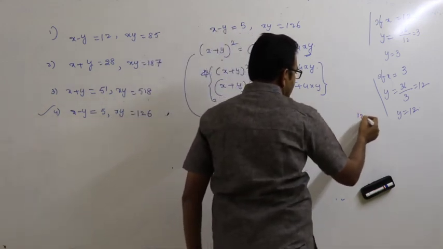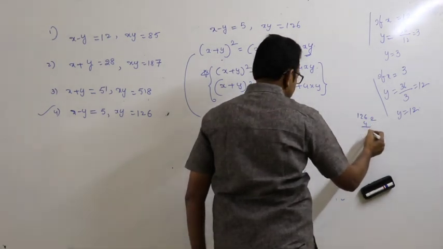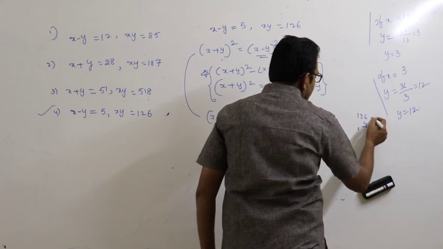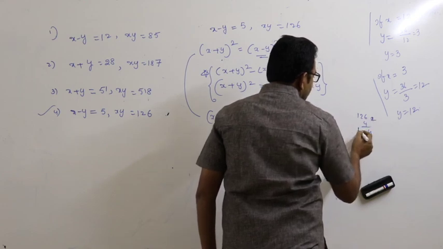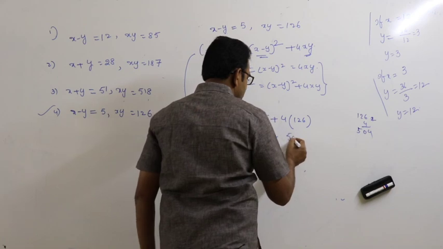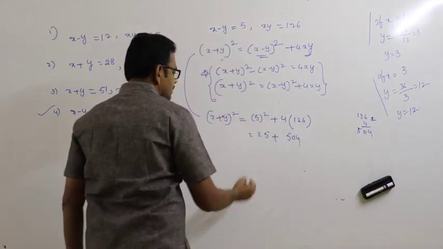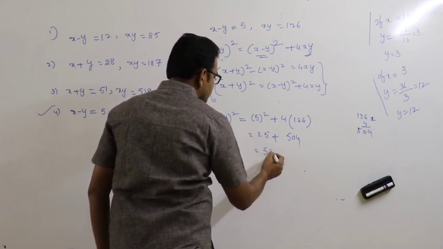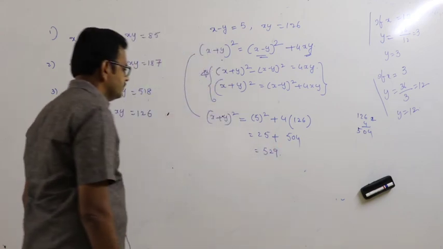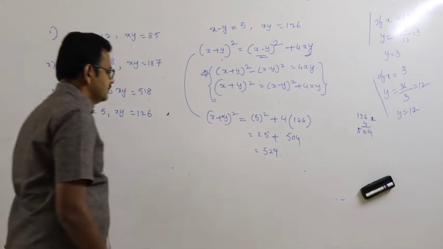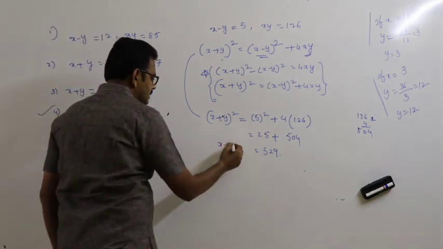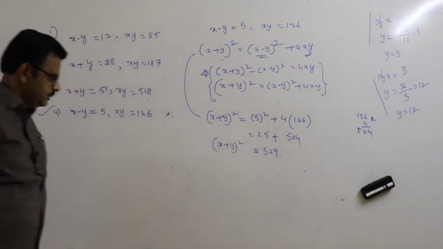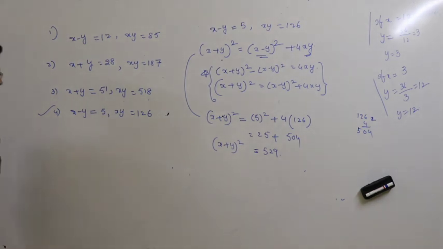So 126 into 4 is 504. 25 plus 504 is 529. So (x plus y) whole square is equal to 529.